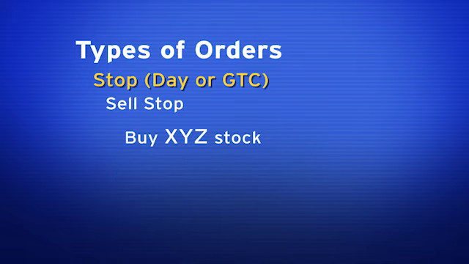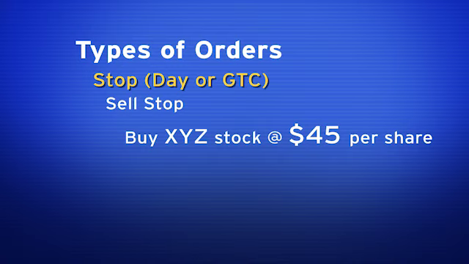Let's say I bought XYZ stock for $35 a share. It's had a nice little run up to $45 a share. So I got a $10 profit built into this stock. My concern is that the price of the stock may start to drop back and I start losing that profit. So I want to enter a sell stop to stop loss of my profit if the price of the stock falls.